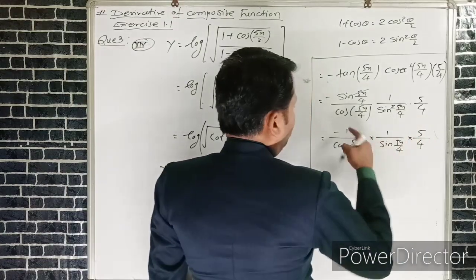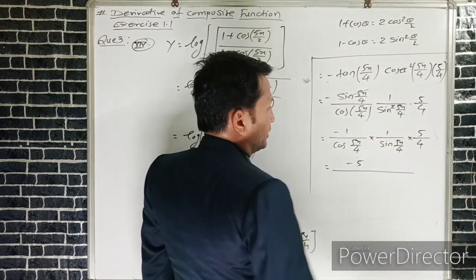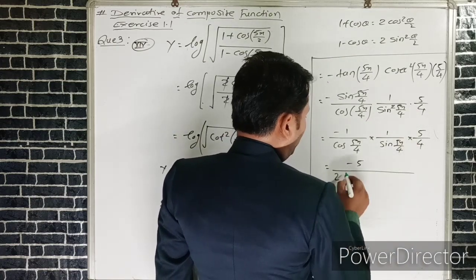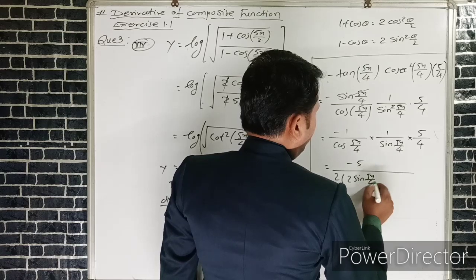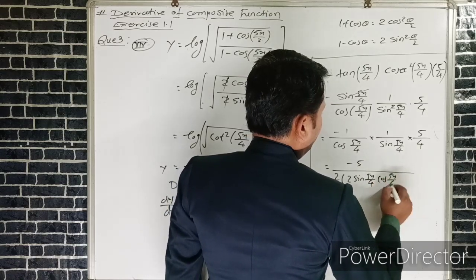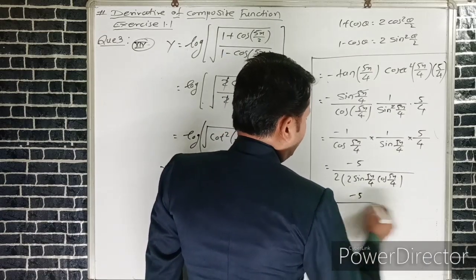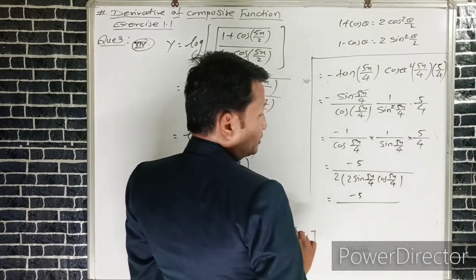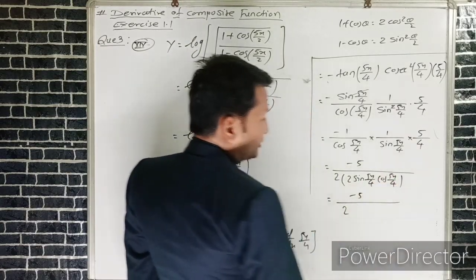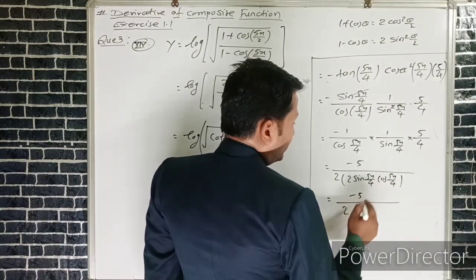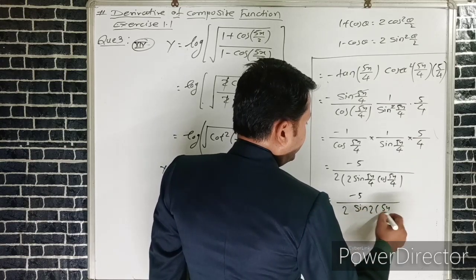5 into 1 into minus 1, we can write minus 5 upon this 4, we can write 2 into 2 sin of 5x by 4 into cos of 5x by 4. We know that 2 sin theta into cos theta is sin 2 theta. Hence we can write 2 sin of 5x by 4 into cos of 5x by 4 is sin 2 into 5x upon 4.